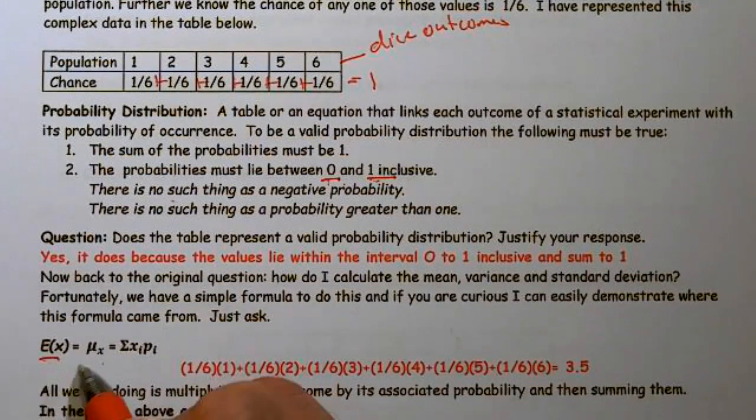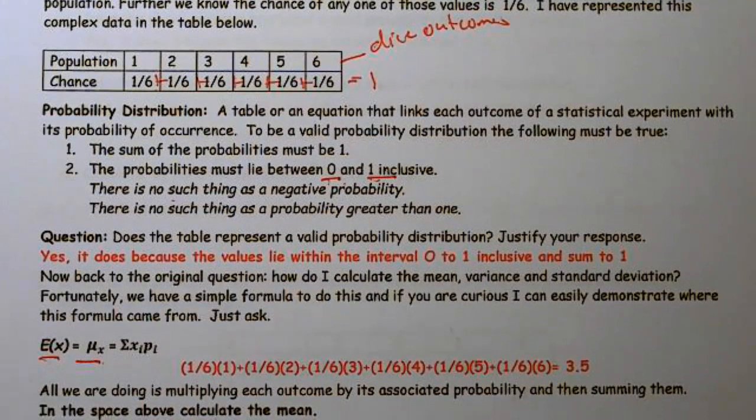Now I want to talk to you just a little bit about the mean and the expected value. Why are they the same thing? Well, consider this. If we knew that the class average on a test was an 87, and I randomly drew a name from the hat, and you didn't know who it was or anything about that person, and I asked you to guess what they made on the test, your best guess would have been the average, the 87.